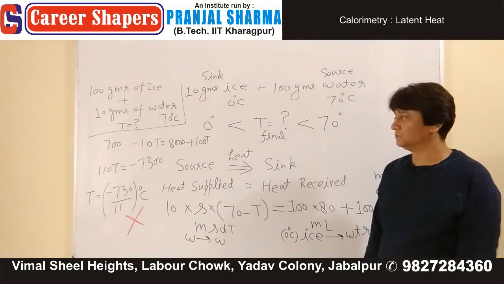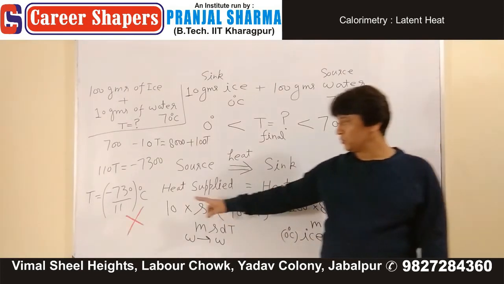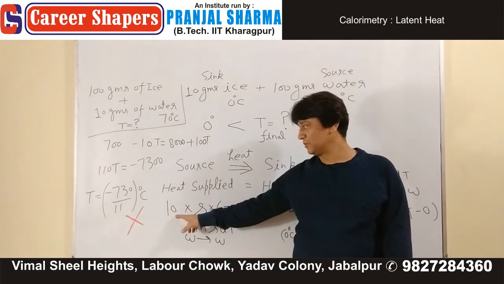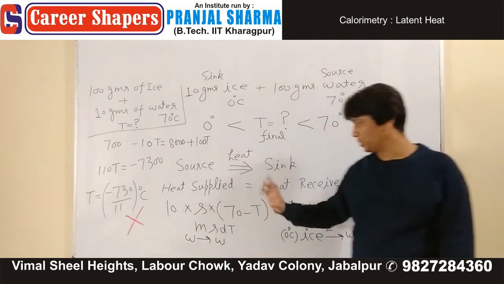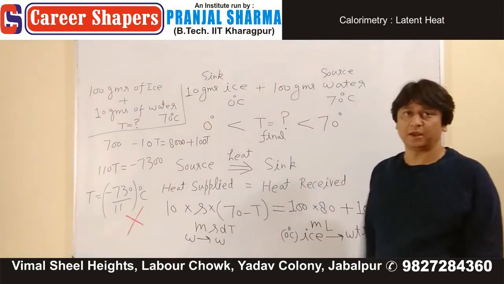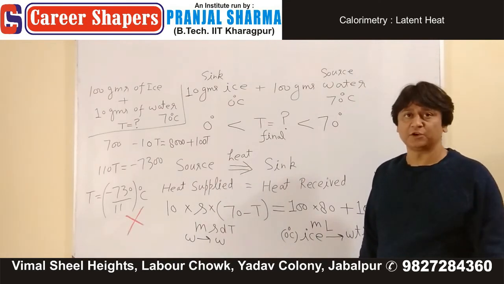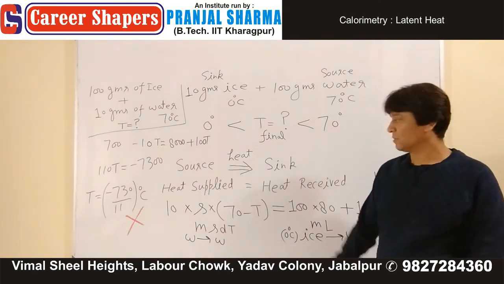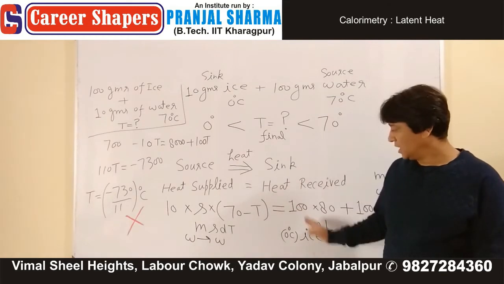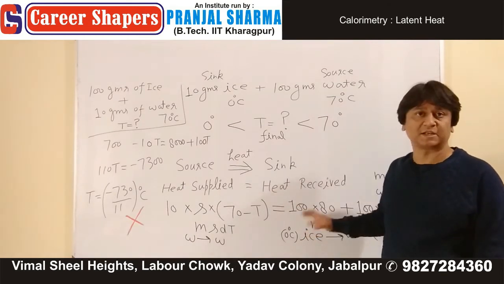Listen again. 10 grams of water, which is at a temperature of 70, doesn't have enough energy in it to melt 100 grams of ice completely.